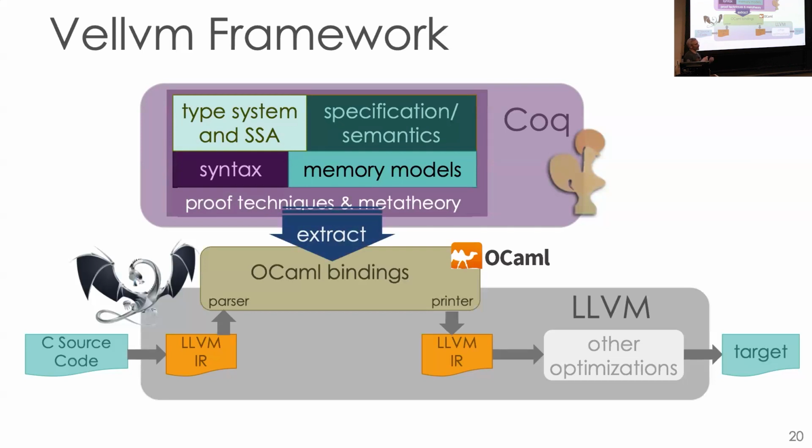Then we can implement program transformations in Coq, prove that they are correct with respect to the semantics, and extract an executable version of that optimization that you could plug into the real LLVM pipeline. Unlike, say, CompCert, this doesn't give us end-to-end verification because we haven't verified the front end and we haven't verified the back end. Obviously, that would be interesting. But still, nailing down a spec for LLVM itself is interesting and quite hard.